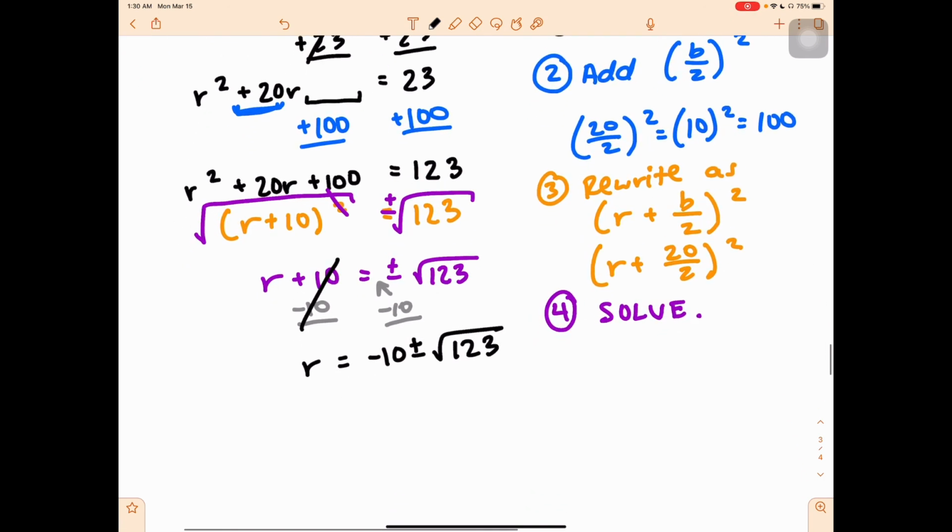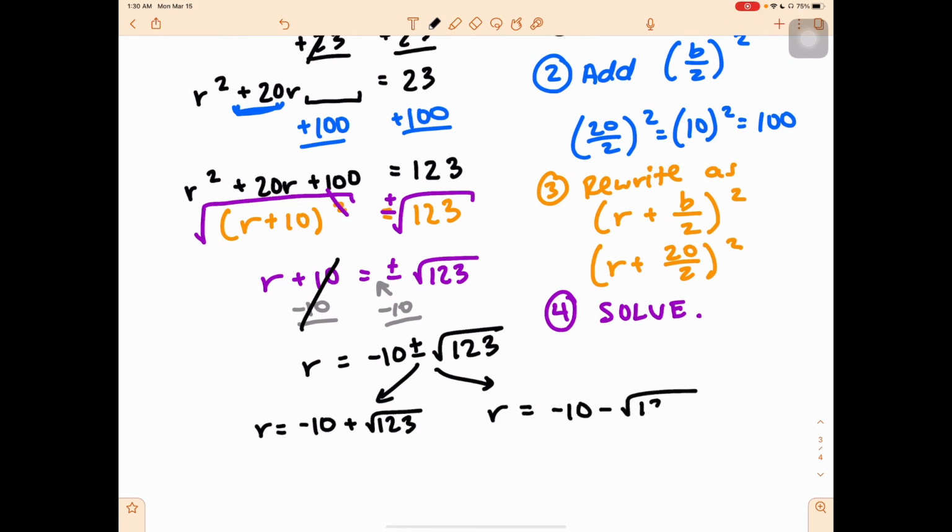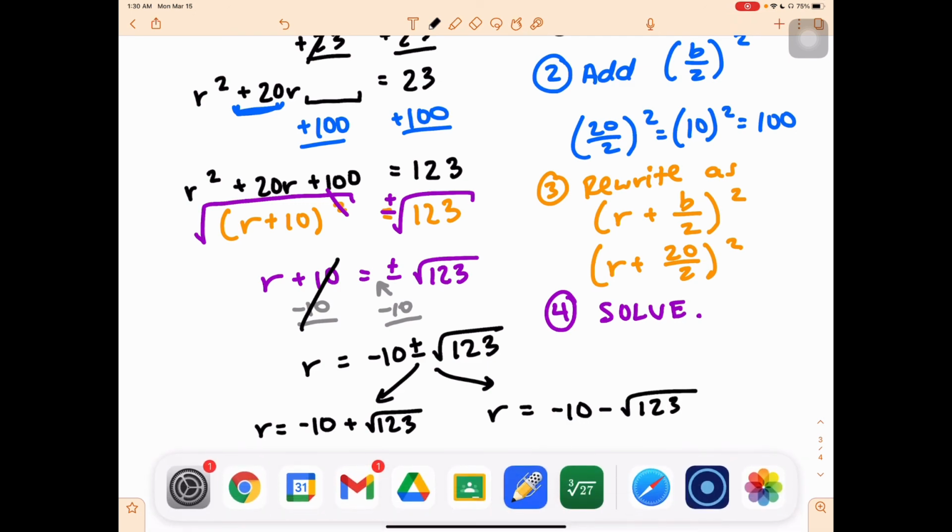Now, this might be your answer choice right there. That might be it. However, if you need to further simplify, you want to split the plus or minus. So we're going to have r equals negative 10 plus root 123, or r equals negative 10 minus the square root of 123. And then you can plug these two into your calculator.